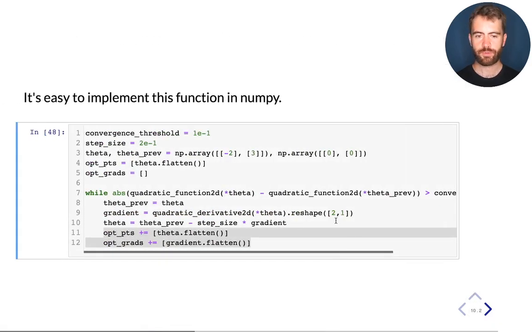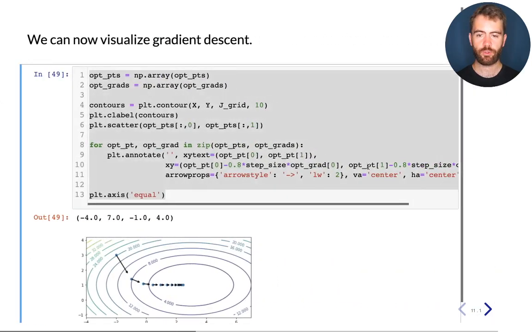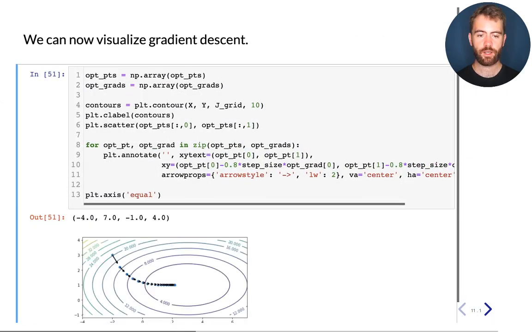You can also play with this code to see the results of changing the different parameters of this algorithm. Here I can change the step size from 2 times 10 to the minus 1 to 10 to the minus 1. I just reran this algorithm, and now if I go back here and visualize it, I obtain a different trajectory. You can see that now I have many more points.